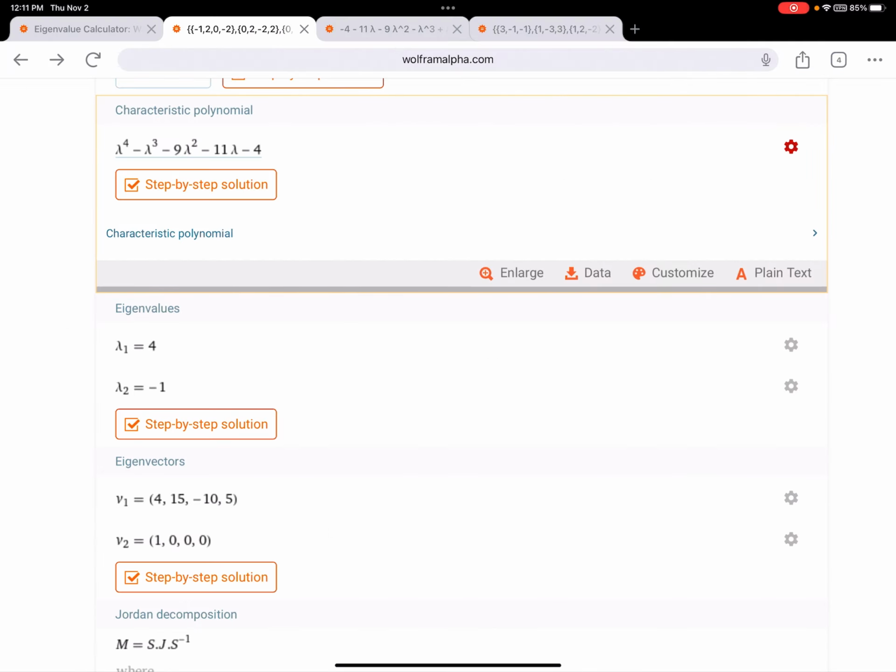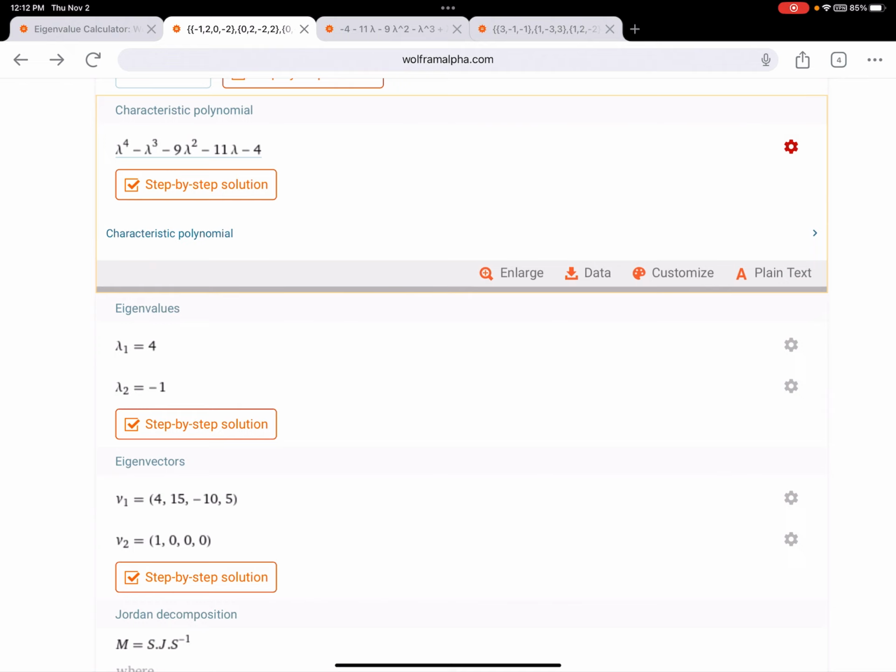Looking back at the eigenvalue calculator, the eigenvalue lambda 1 equals 4 corresponds to an eigenvector v1 of 4, 15, -10, 5. And because the multiplicity of 4 was 1, this is the only linearly independent eigenvector associated with that eigenvalue. So the eigenspace will be the span of this one eigenvector v1. But the multiplicity of -1 was 3.